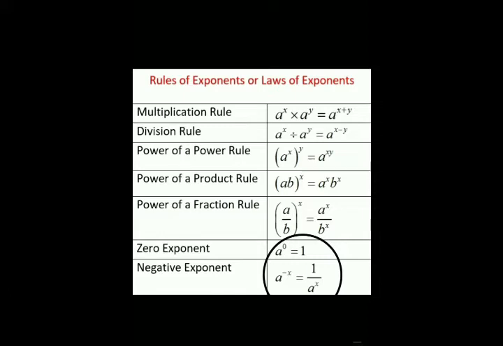So on our right hand side a raised to x becomes the denominator. On our left hand side the power is negative, but on our right hand side we take it into the denominator, so it becomes positive. So in a negative exponent we have to convert the term from numerator to denominator to get a positive exponent.